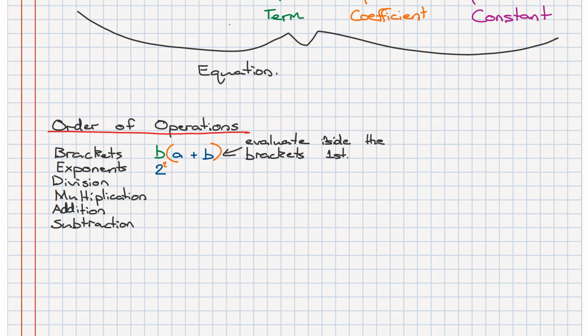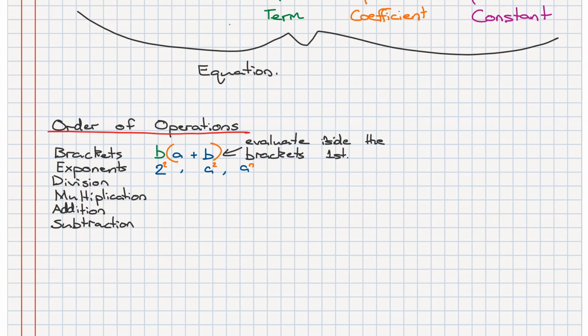Or imagine that we've got something along the likes of a to the power of 2. Or perhaps we've got something along the lines of a to the power of n. The orange part in here is called an exponent. You won't see these too often in year 8, but you'll start to see them more often in year 9.